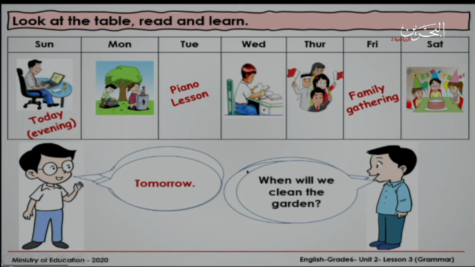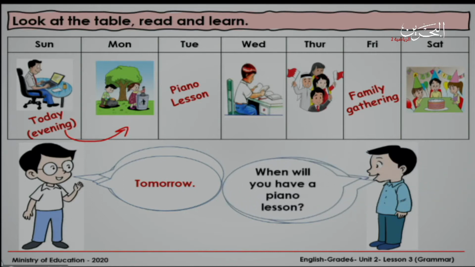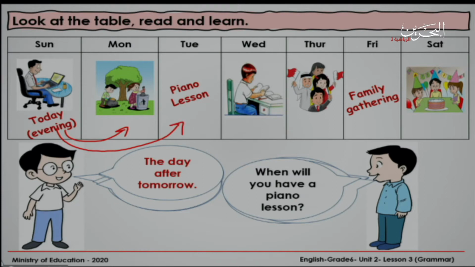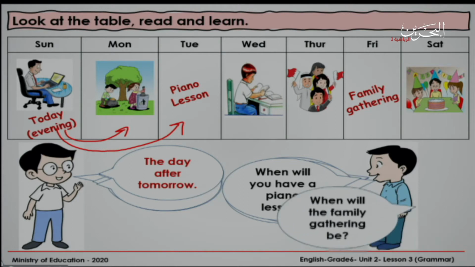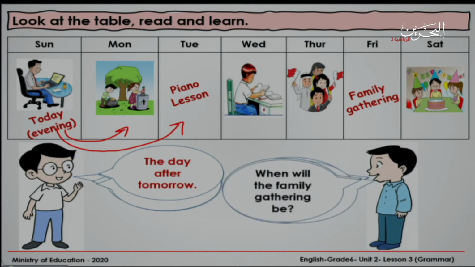Which is Monday, because today is Sunday and it is tomorrow. Okay? When will you have a piano lesson? The day after tomorrow. Because today is Sunday and the day after tomorrow, which is Tuesday. When will the family gathering be? This Friday.